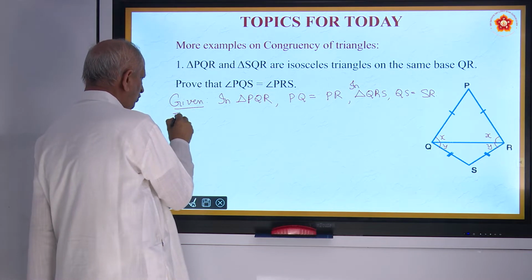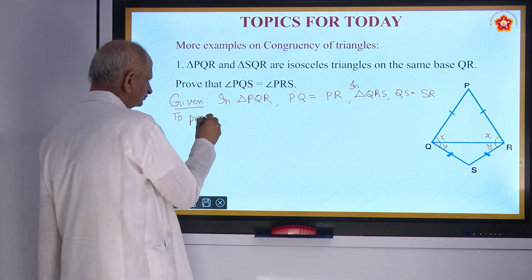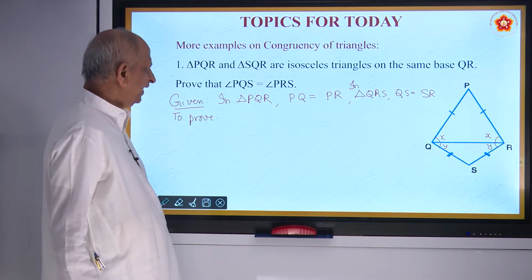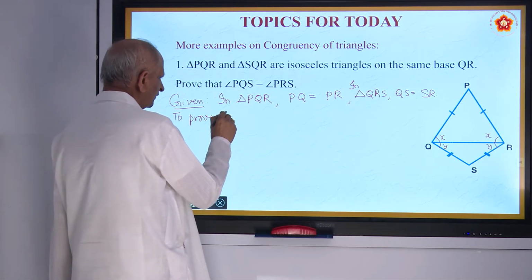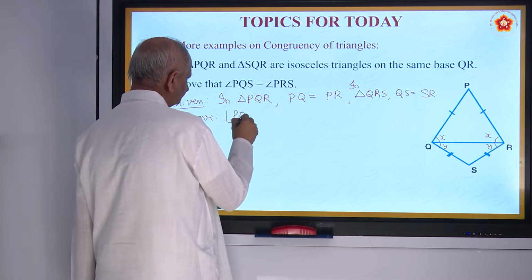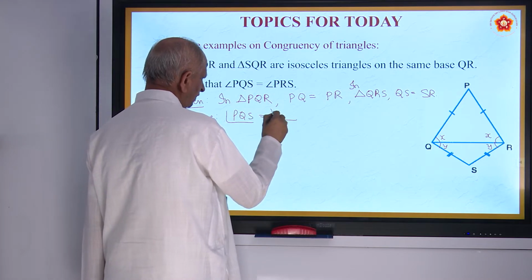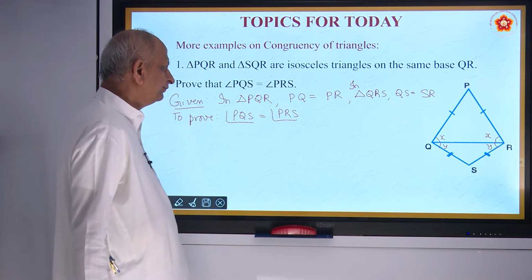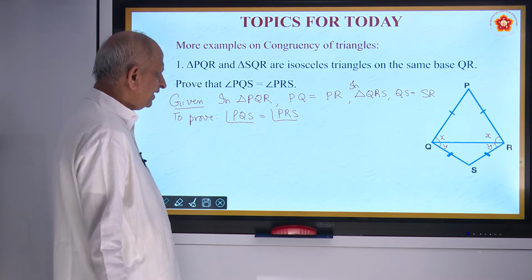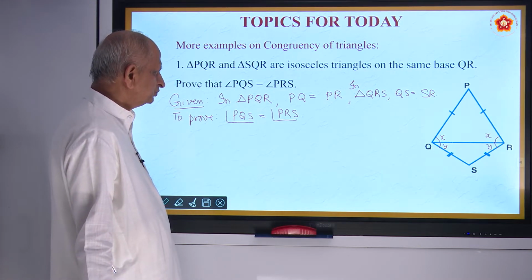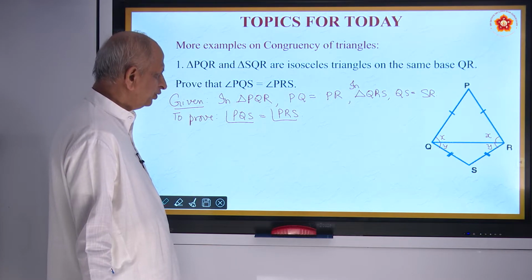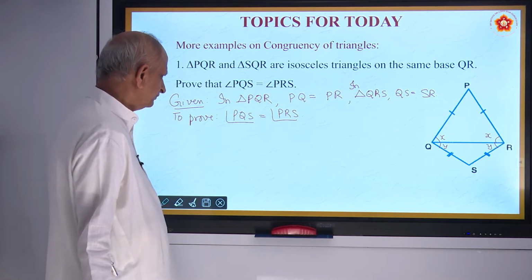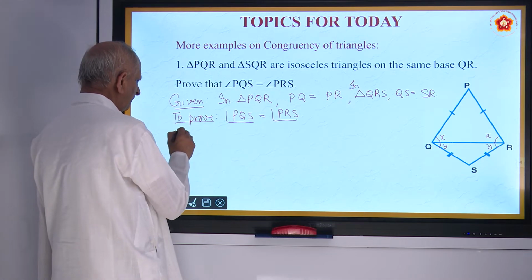So what you have to prove? To prove that angle PQS is equal to angle PRS. Okay, angle PQS is equal to angle PRS. Now proof.